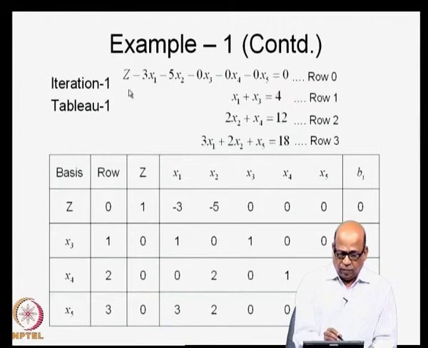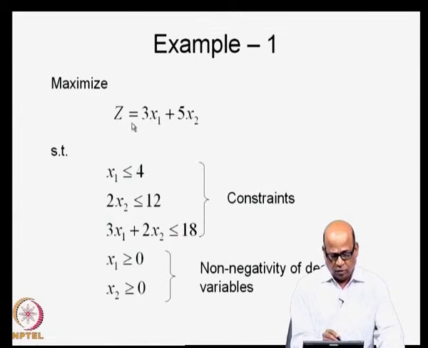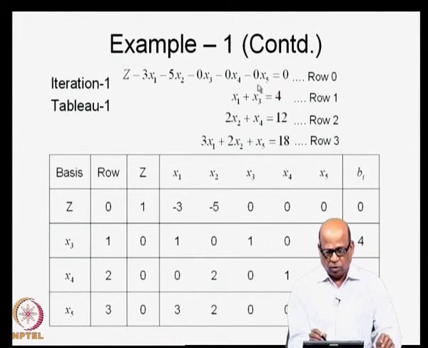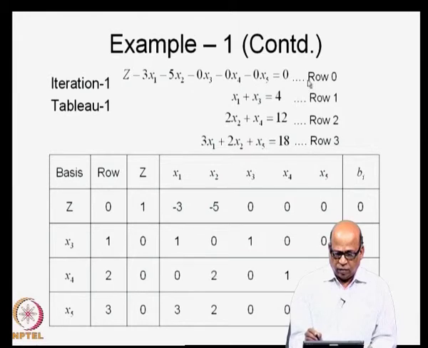As I mentioned, the objective function itself, we write it as another equation. Your objective function was z is equal to 3 x 1 plus 5 x 2. What we do is, we write it as z minus 3 x 1 minus 5 x 2 minus whatever slack variables you have used with 0 coefficients as the first row.